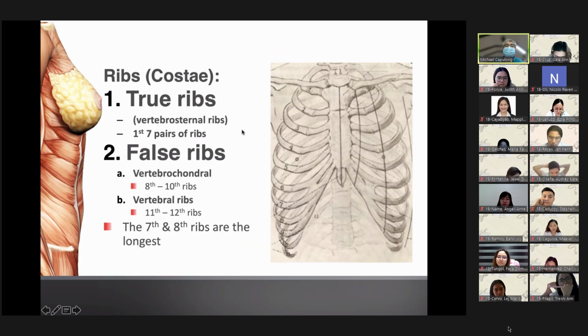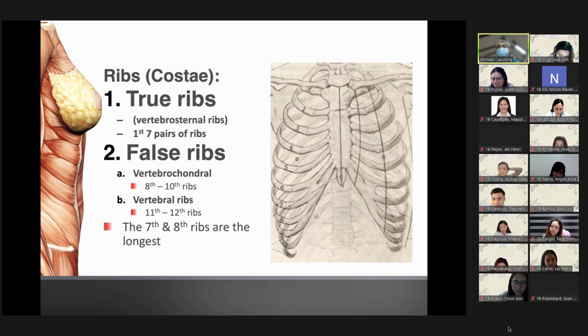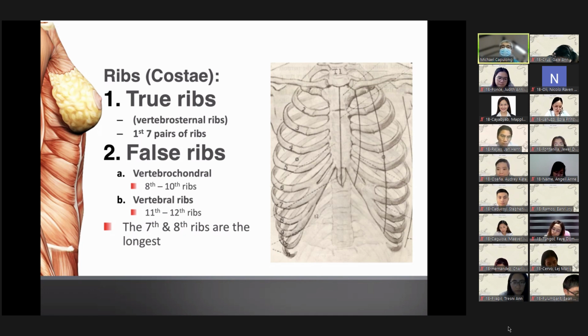Okay, so let's go now to the ribs. This is actually the main structure that holds the anterior chest wall. You have two subdivisions: your true ribs and your false ribs. True ribs, why? Because these ribs actually connect to your sternum.